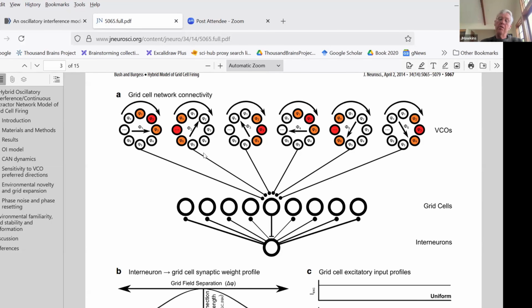And that's what I guess you were saying, that the interneurons help basically say if I'm not moving, this grid cell stays active, all the other ones are silent. This one has the machinery to stay active. But when I start moving again, I have to start up where I left off. And I may be moving in a different direction, in which case I have a completely different set of rings that are active.